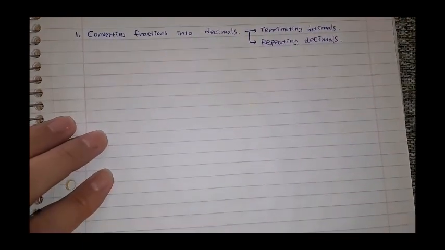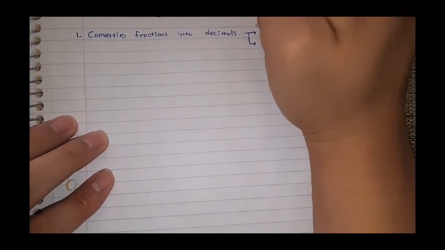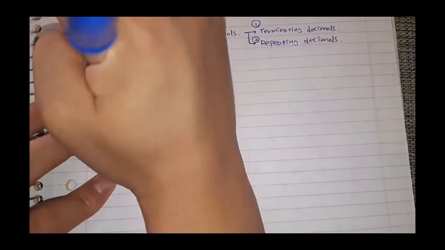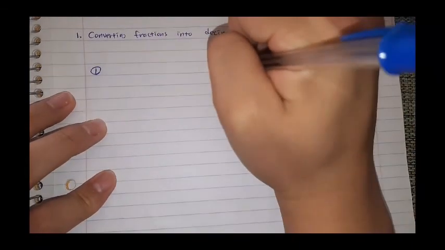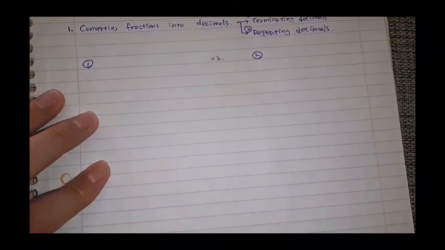So let's look at one of each. Terminating decimals, which I'm going to put number 1 and number 2 for that. I'm kind of going to compare those.